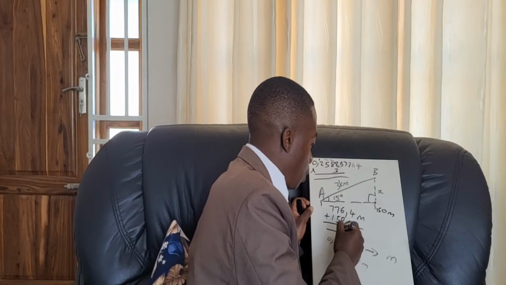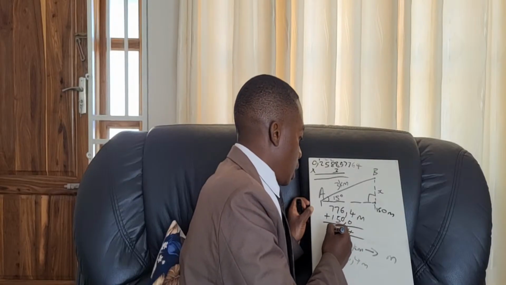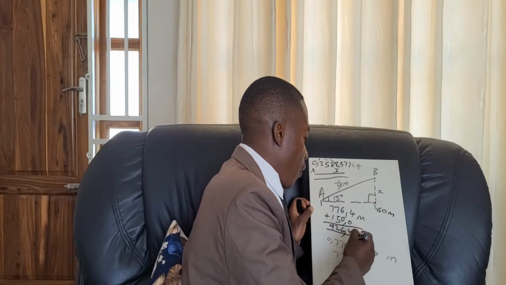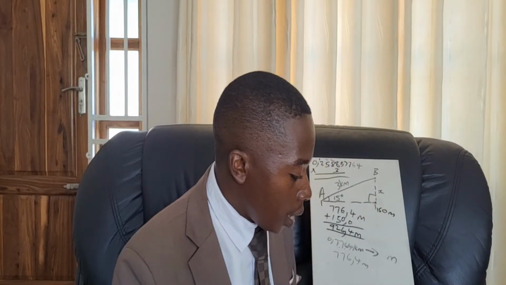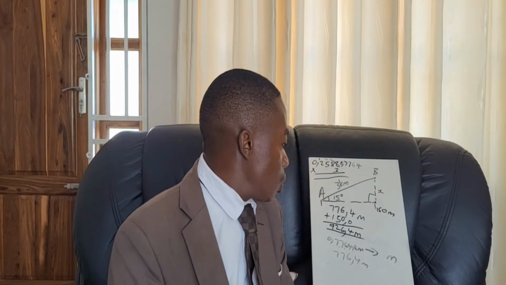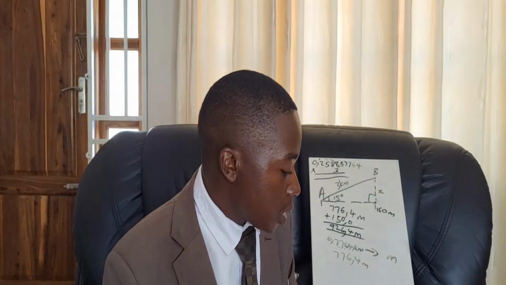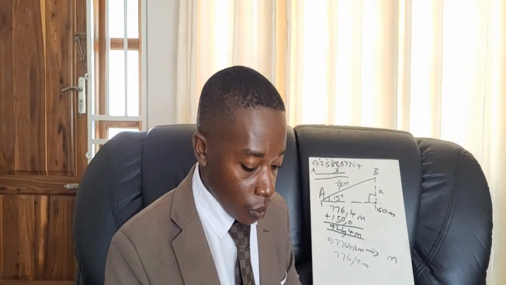So 4, 6, 12, right? 9. 926.4 meters. So that's the height of B above sea level. 926.4 meters. That's the height above sea level. Is it clear? Yes. Any questions?